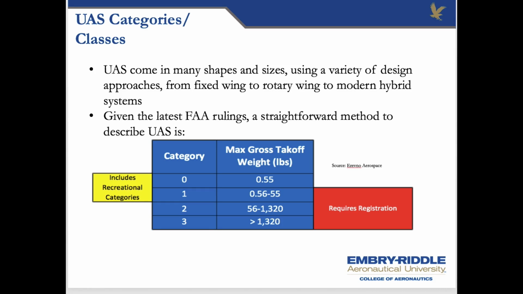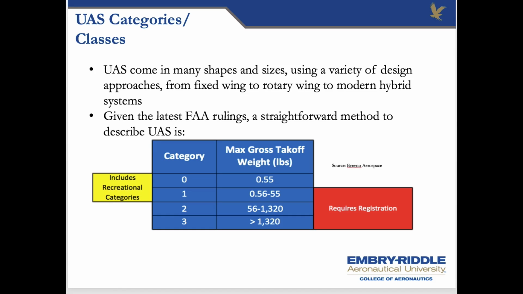Specifically, category 0 would be those that are 0.55 pounds or less. These don't require any FAA registration under these new rules. Next would be category 1, or 0.56 through 55 pounds, and these are generally the quadcopters and the like that are out there pretty commonly today.